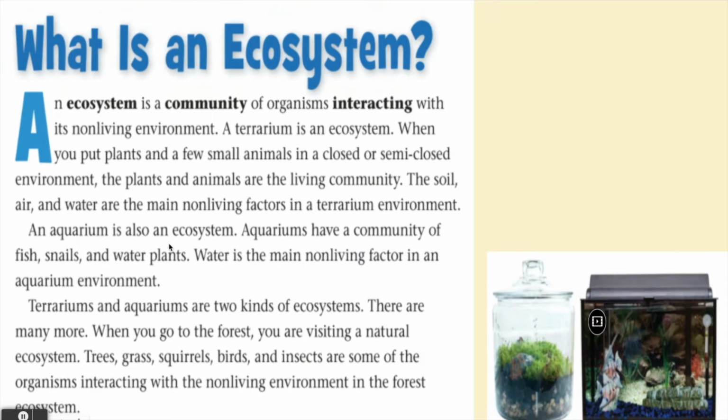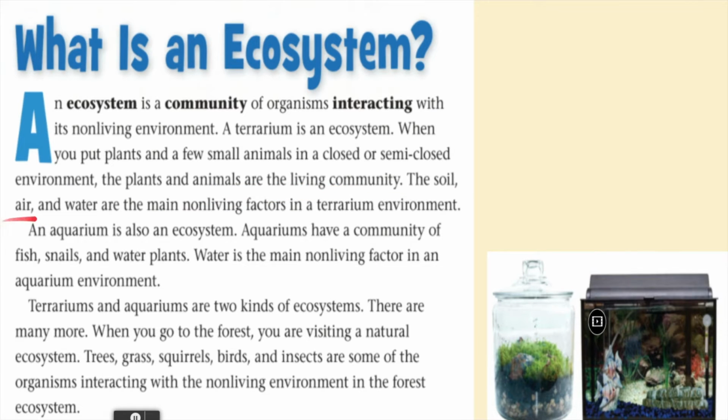What is an ecosystem? An ecosystem is a community of organisms interacting with its non-living environment. A terrarium is an ecosystem. When you put plants and a few small animals in a closed or semi-closed environment, the plants and animals are the living community.